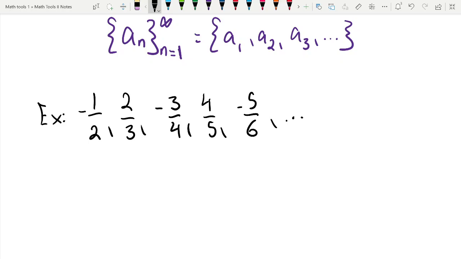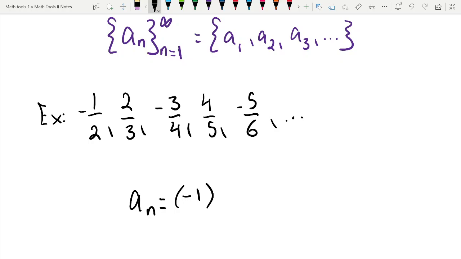So we're going to call the sequence a_n. Whenever there's a negative sign, it's a good idea to have a -1 term in here raised to a certain power. And what power you want to raise it to is going to depend on where that negative is occurring. Here it's occurring on the first term, the third term, the fifth term, right? So every odd term.